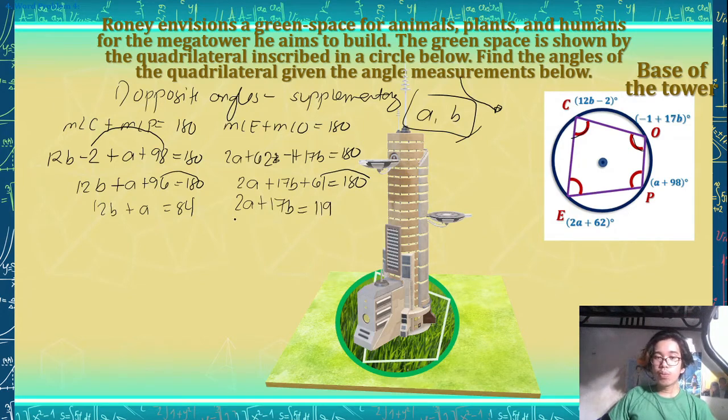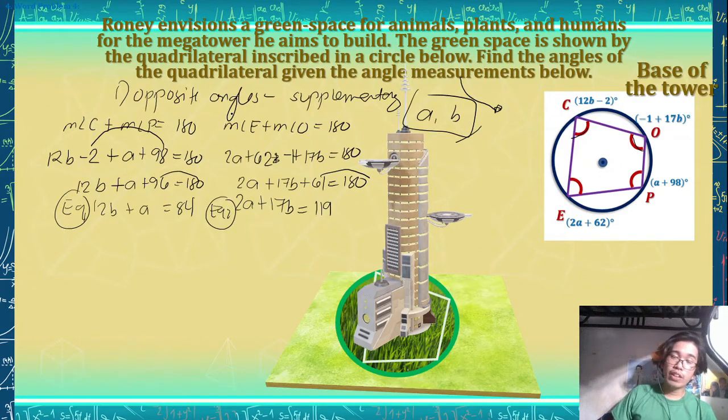For this problem, we now have these two simplified equations, equation 1 and equation 2, that we can use to find the values of A and B. We're going to use the system of linear equations in two variables.